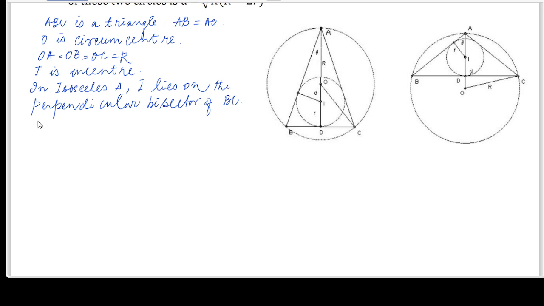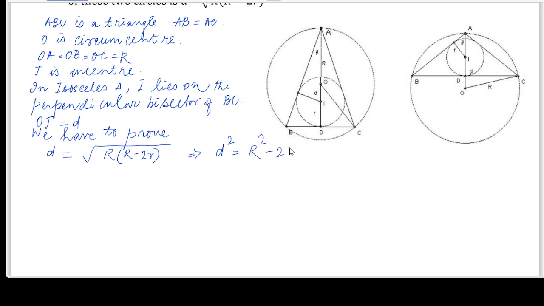So OI equals small d, and we have to prove d equals square root of R into R minus 2r, where r is the inradius, or this is the same as d square equals R square minus 2Rr.